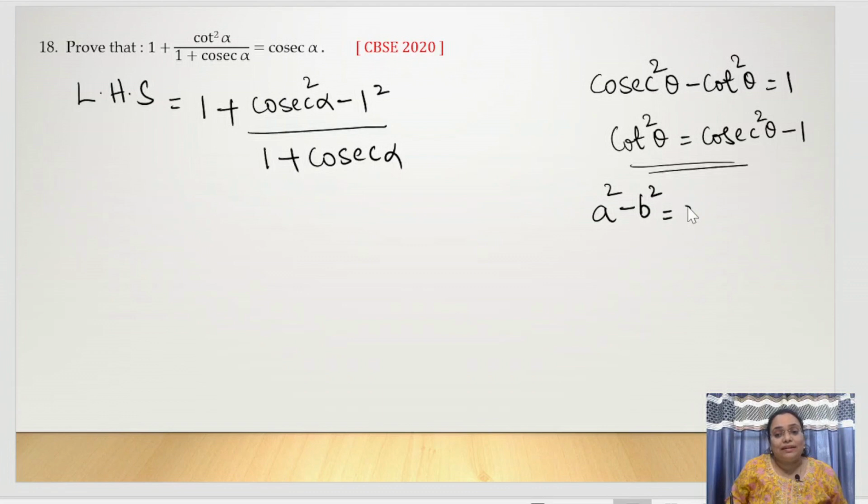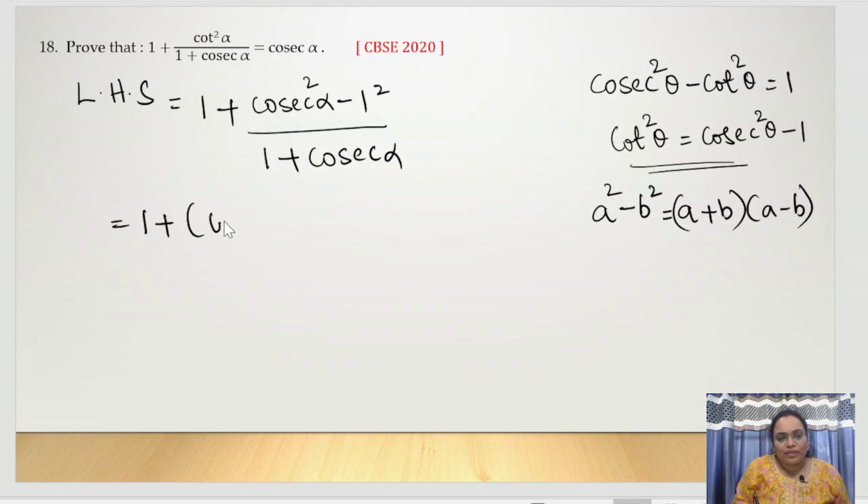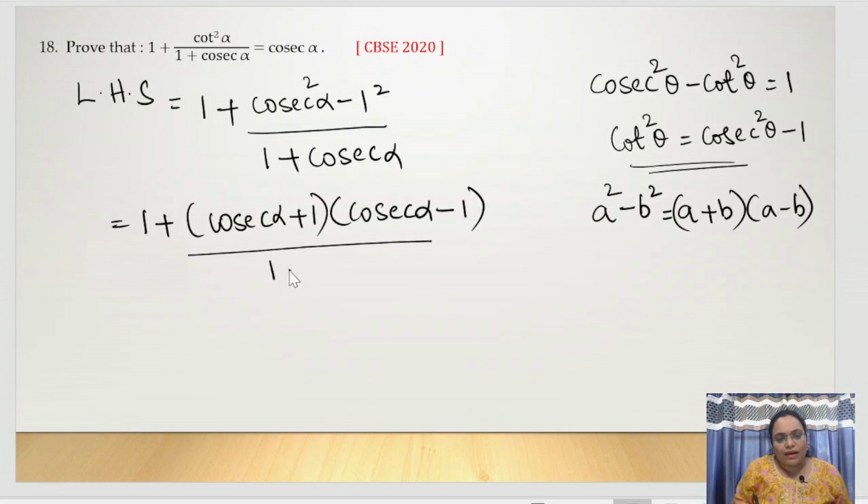So this can be written as a plus b into a minus b. Yes, now write it. Cosecant alpha plus 1 into cosecant alpha minus 1 divided by 1 plus cosecant alpha.